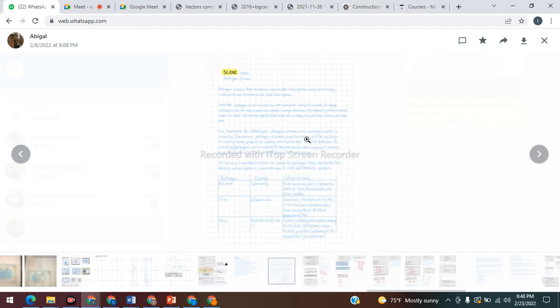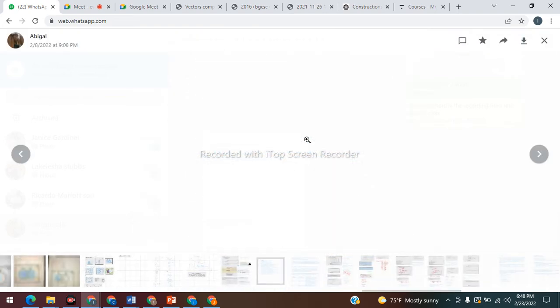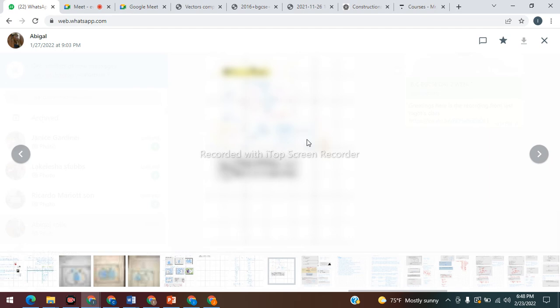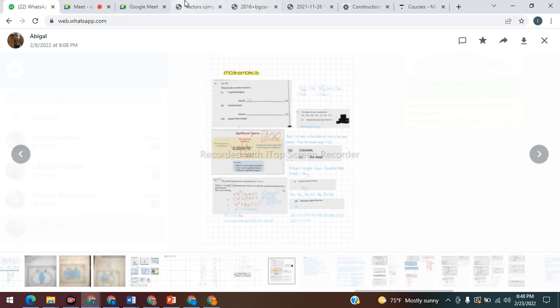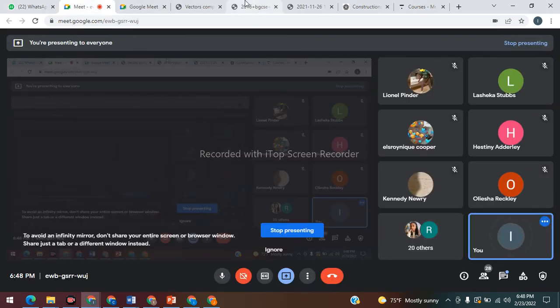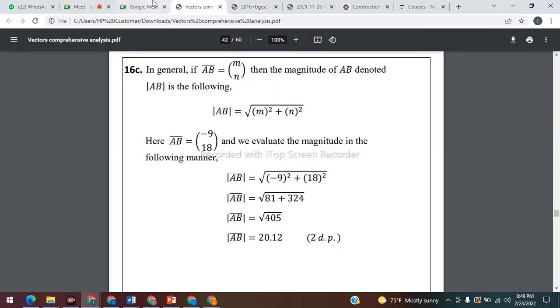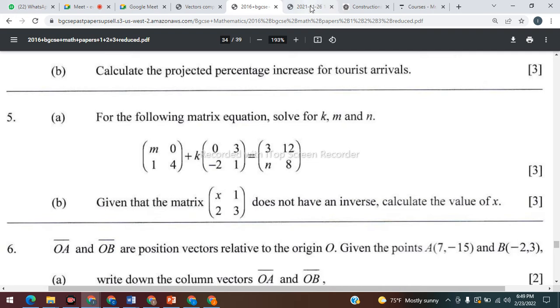With the colors and everything, I'm like, wow, how you have time to do that? She may not speak a lot, but she's sending some good work.